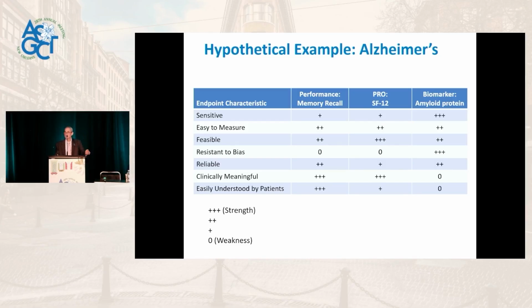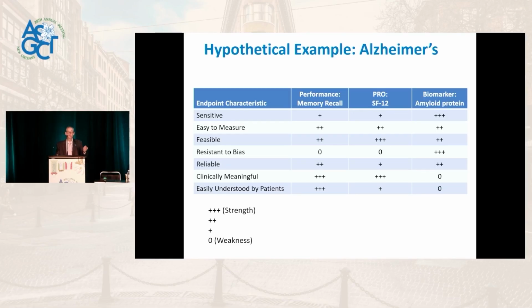And the first column here on the left shows those ideal characteristics that we talked about. Is it sensitive? Is it feasible? Is it resistant to bias? Is it clinically meaningful? The next three columns describe specific outcome measures that might be used in an Alzheimer's trial.